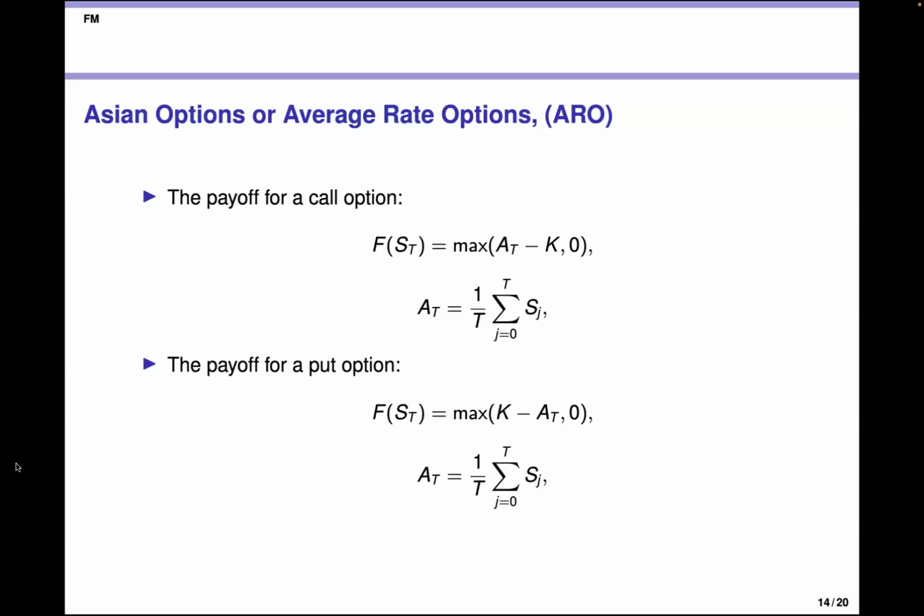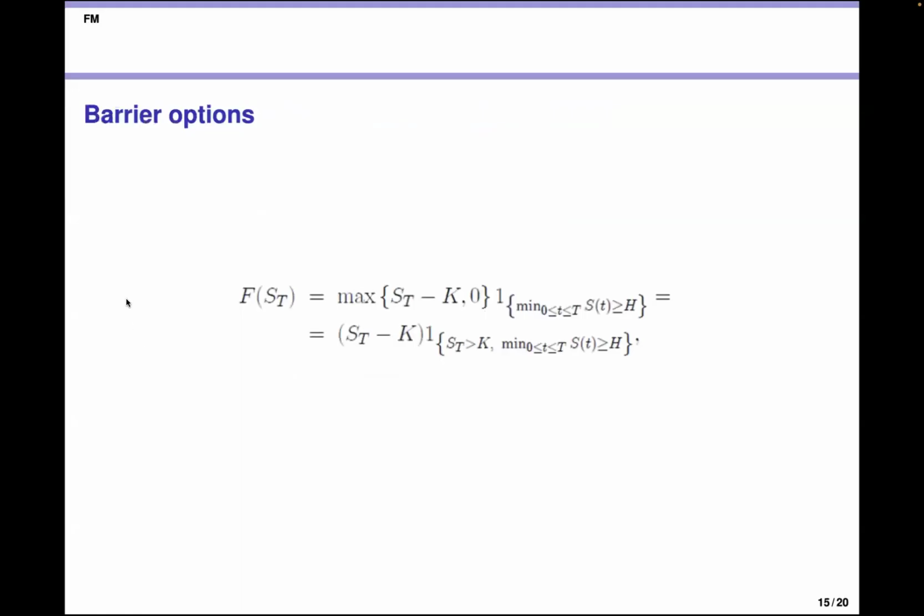The next is barrier options. We propose some value H, a value like a barrier, and for example today the price is S, and at the moment T there are different trajectories, different paths. For example, the K is this.